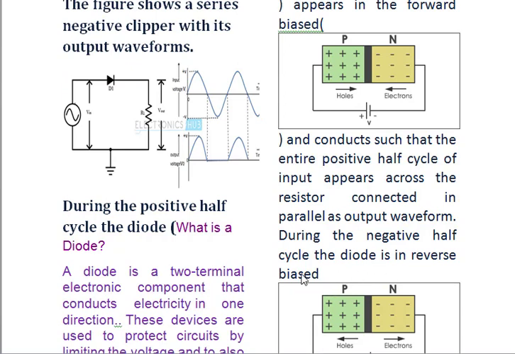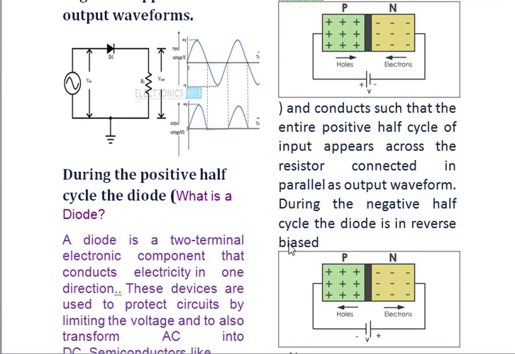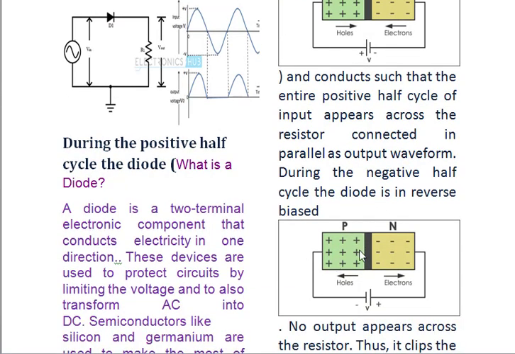During the negative half cycle, the diode is reverse biased. What is reverse bias? A p-type material region, that is the anode, is given a negative potential, and the n-type semiconductor region is given a positive potential. This type of biasing is known as reverse bias.